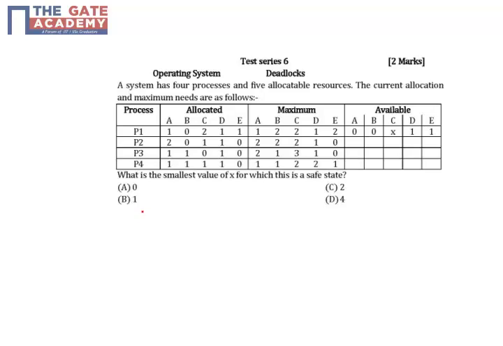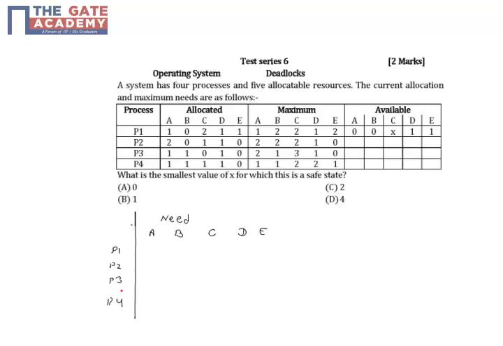obtain the need matrix. The need matrix will be for each resource A, B, C, D and E, for each process P1, P2, P3 and P4. We can calculate need as the maximum requirement minus its allocation.